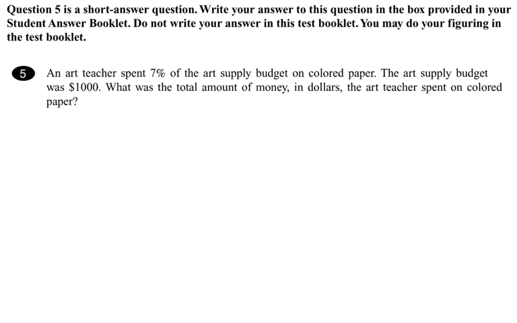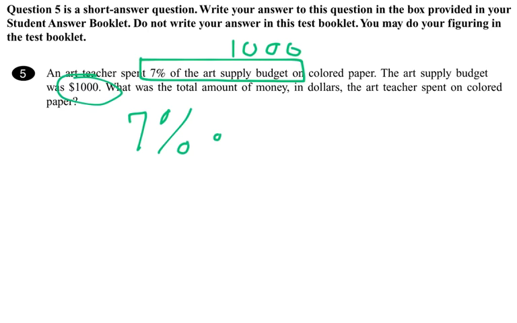Next one up, 7% of the art supply budget is going to be spent on colored paper. Now, the art supply budget is $1,000. So isn't this really 7% of the $1,000? And if we write that out as math here, we have 7% of $1,000.